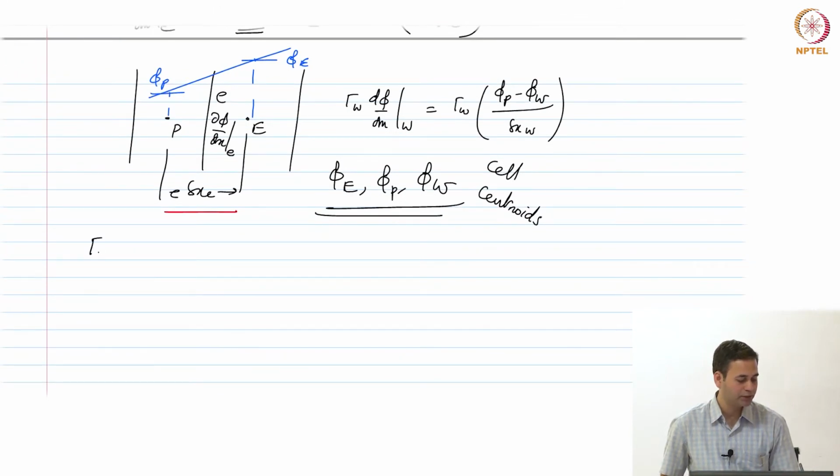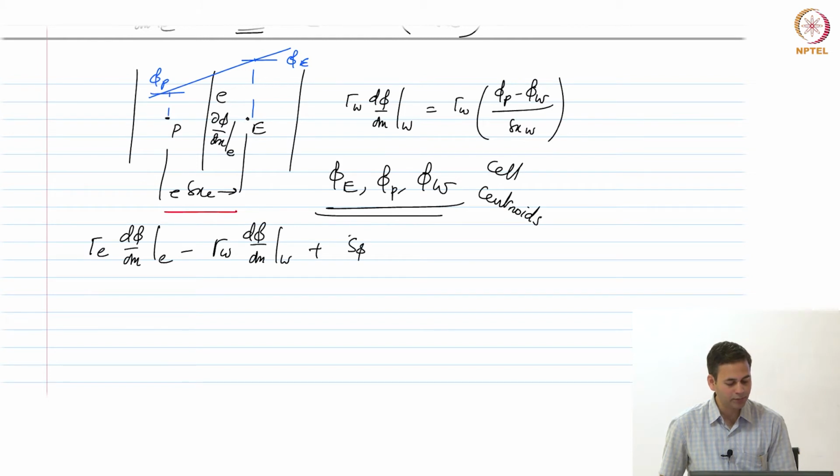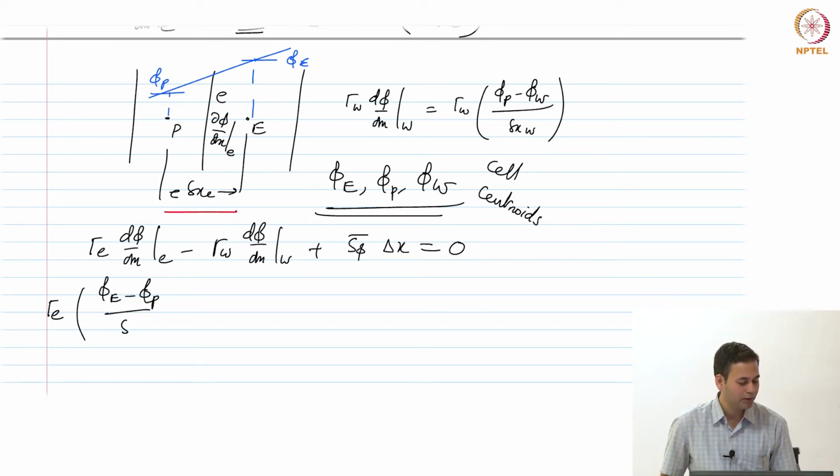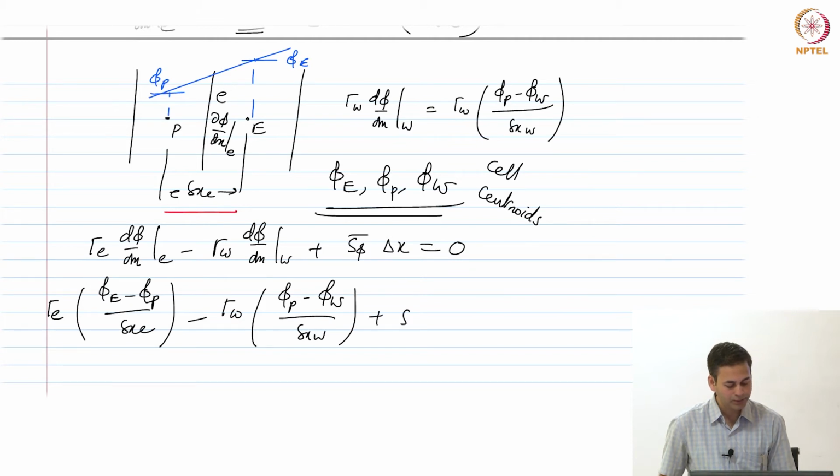Our equation was gamma east d phi dx east minus gamma west d phi dx west plus s phi bar times delta x equals 0. So, I am going to plug in gamma east d phi dx east as gamma east times phi capital E minus phi p by del x e, minus gamma west times phi p minus phi w upon del x w, plus s phi bar times del x equals 0.